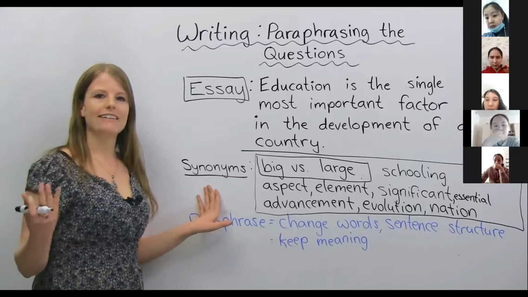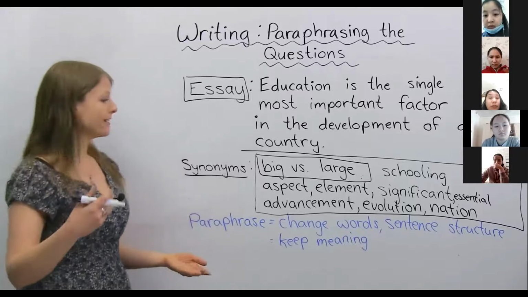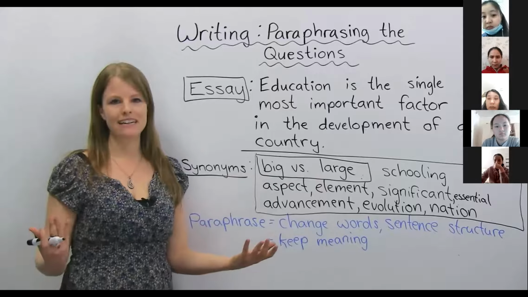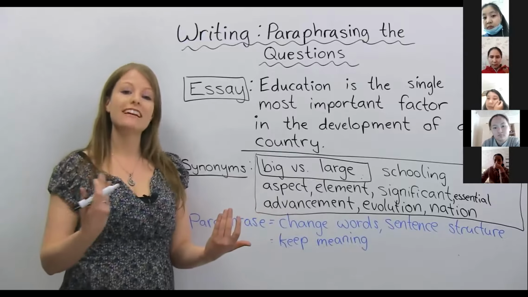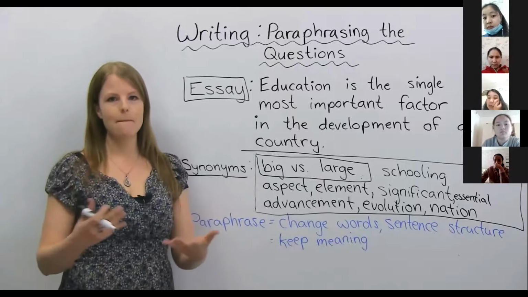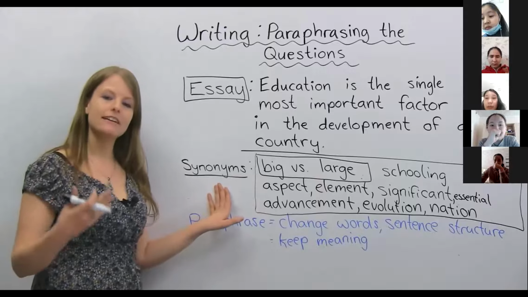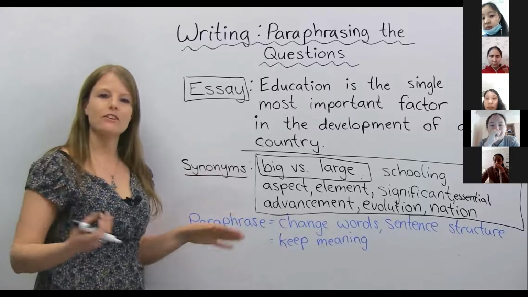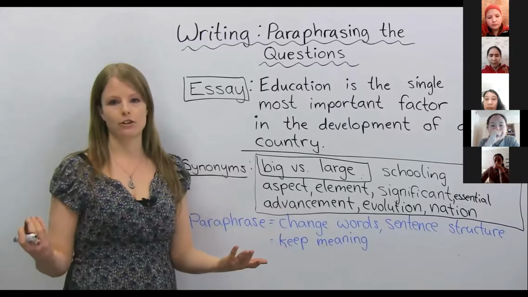Synonyms are words that have the same meaning but are different words. So for example, big and large, just like huge, enormous. These are synonyms of each other, same meaning, but they're different words. So you need to use different synonyms so you don't just copy these words. You use synonyms to have words that have the same meaning but are different words.